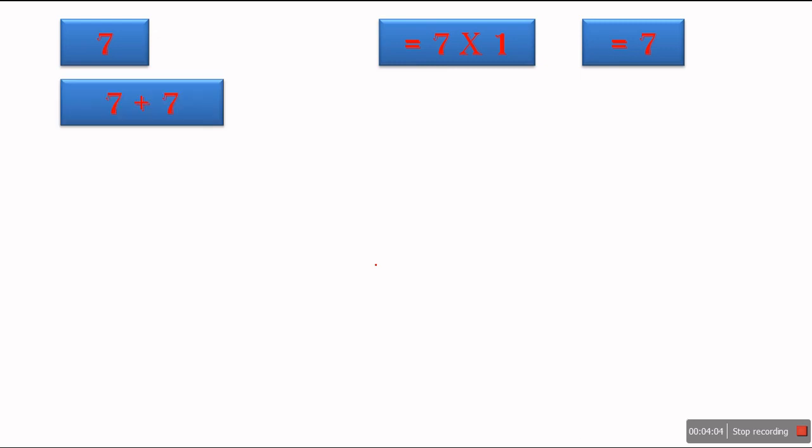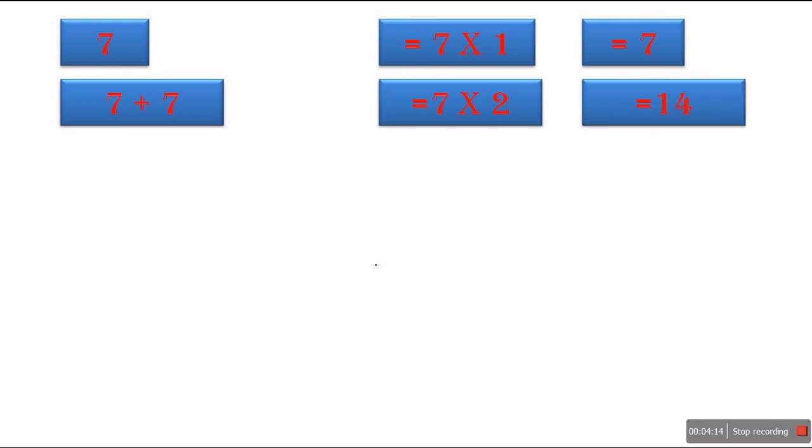So let us take another example, 7. If 7 is added one time, that is 7 into 1, equal to 7. If 7 is added 2 times, that is 7 into 2. 7 plus 7 is equal to 14, or 7 into 2, 7 2s are 14.